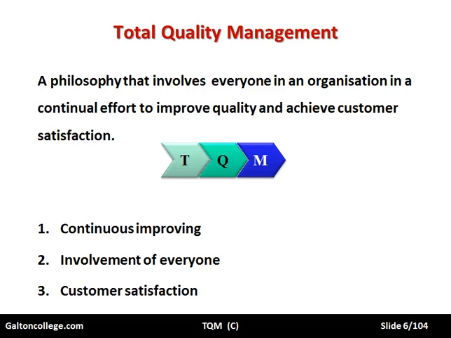So there are three big components in total quality management. Trying to continuously improve the processes within the organization, continuously improve the product that's being produced, the involvement of everyone from line operators, line management, middle management, senior management, the office staff. Everyone is involved in the process of continual improvement, and it's all targeted at customer satisfaction.